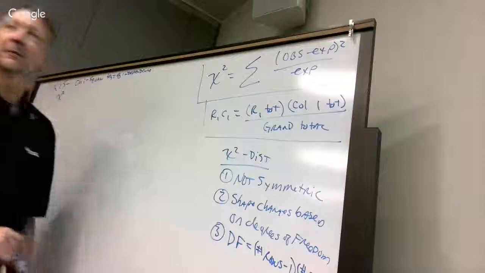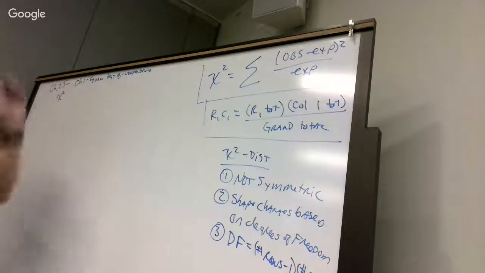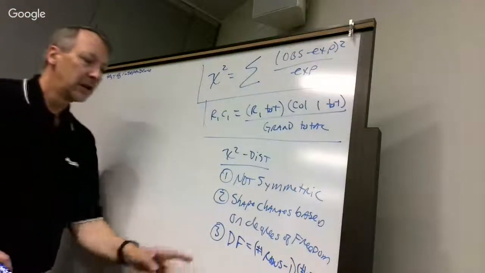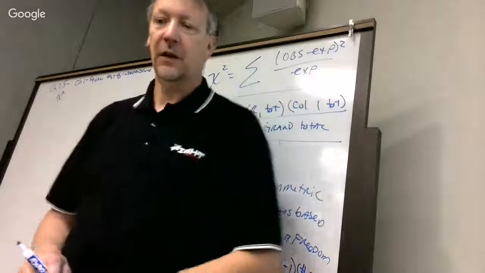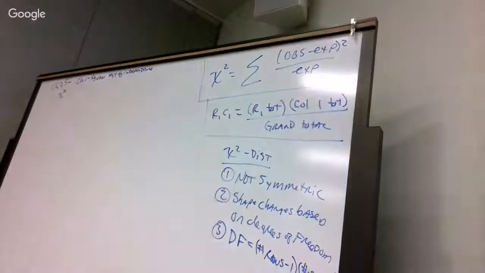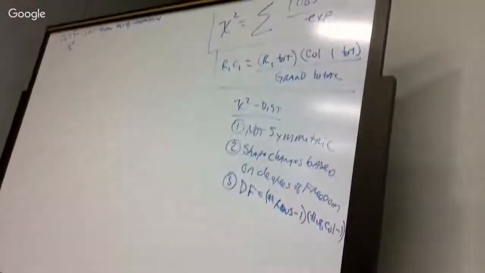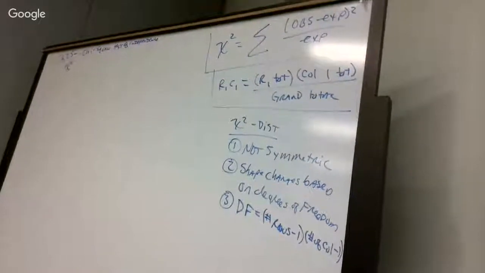It's not too bad. Number of rows minus 1 times the number of columns minus 1.